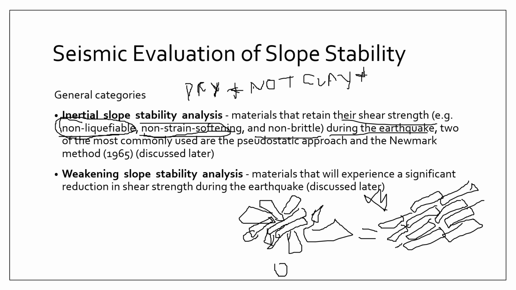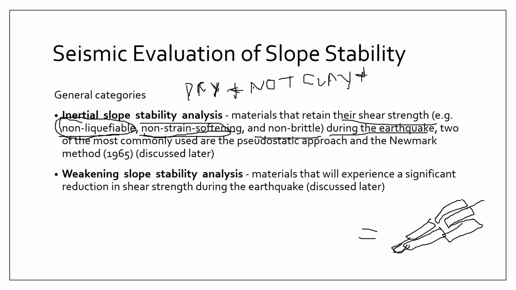So they can align parallel, and the effect here is that they lose their frictional resistance. They lose their interlocking, and they become weaker. So that's basically how strain softening works in clay soils.